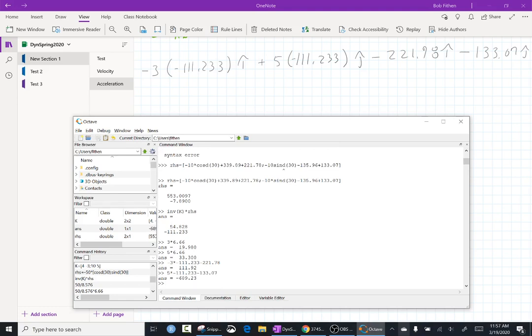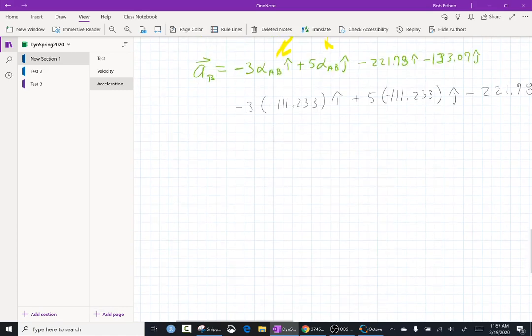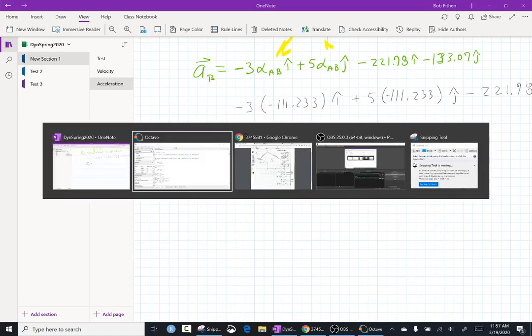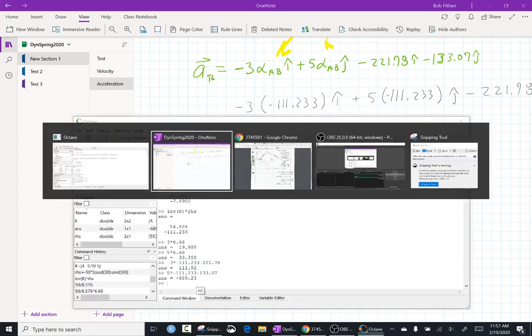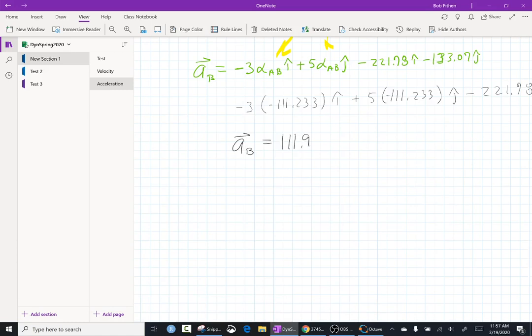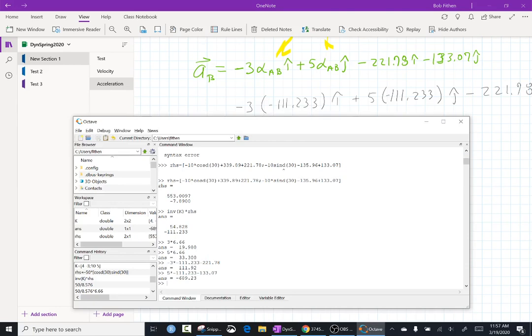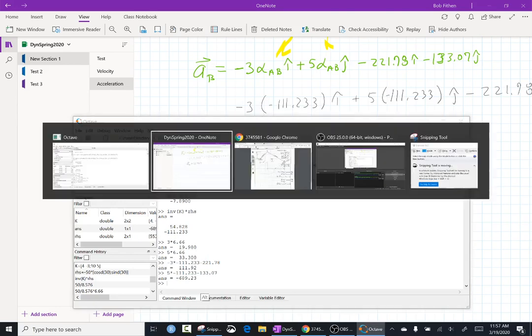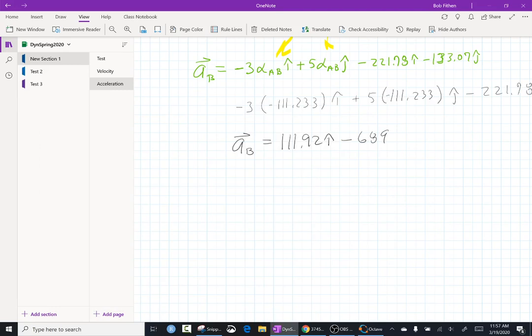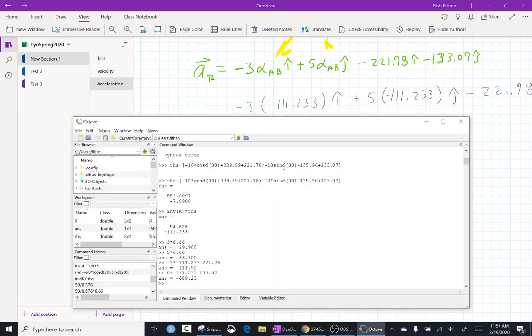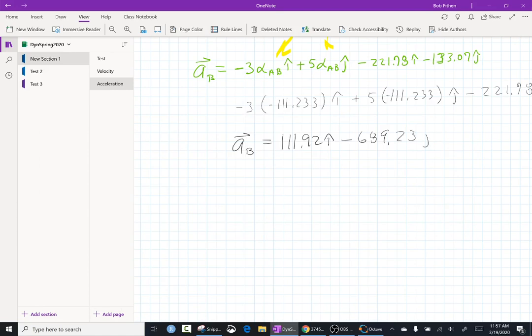So I'm getting acceleration of somewhere in the neighborhood of 111.92 minus 689.23, and that's pretty much that.